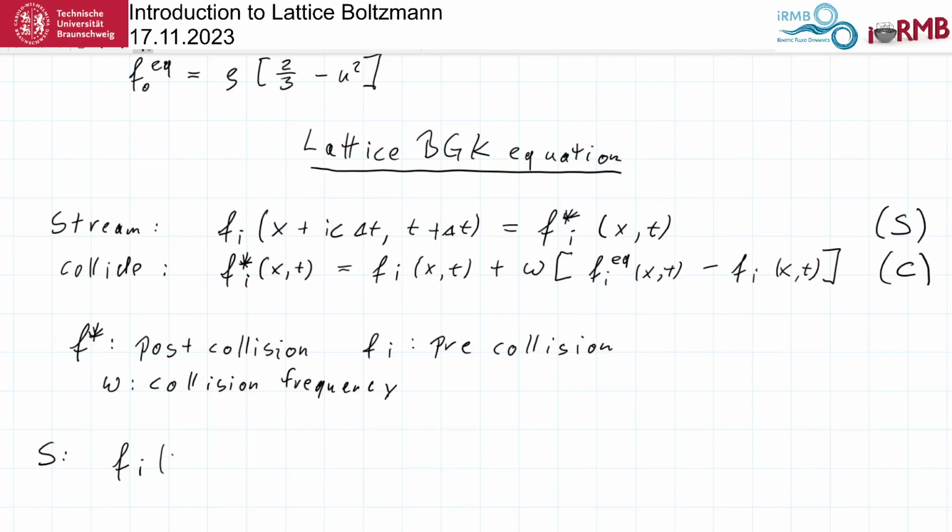We go now from x plus i c delta t to a shift of 1/2. So we move 1/2 grid spacing and in 1/2 time step. Okay? And here, I bring this post-collision state to the other side.